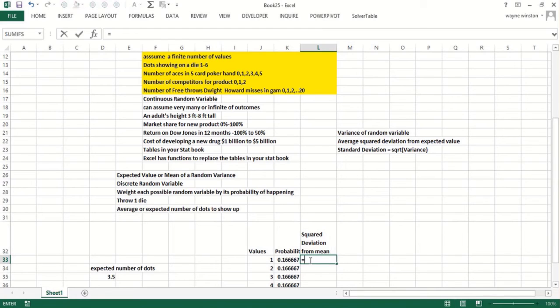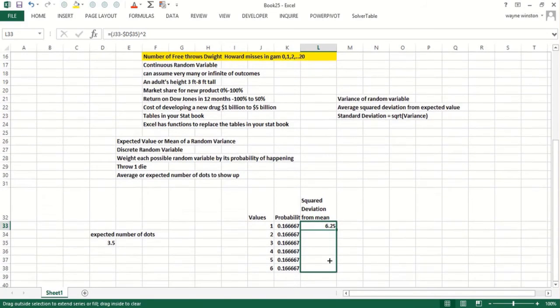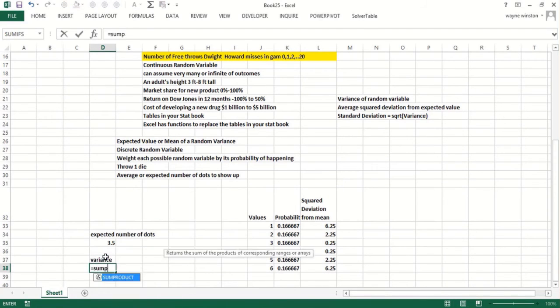So we would take the actual number of dots minus the mean, and we'd square that. We square it because we don't want positives and negatives to cancel out. And then we weight each of those squared deviations by the probability of its occurrence. So we would do SUMPRODUCT of these probabilities with these squared deviations.